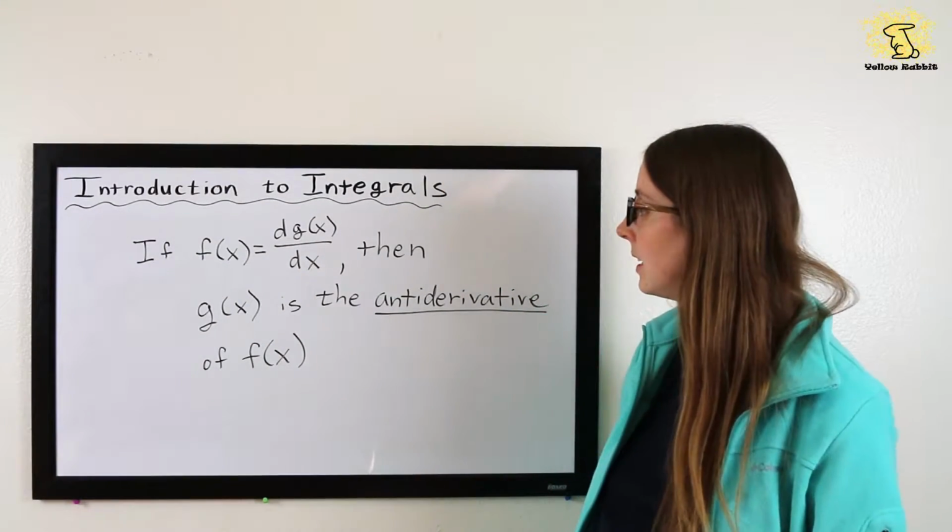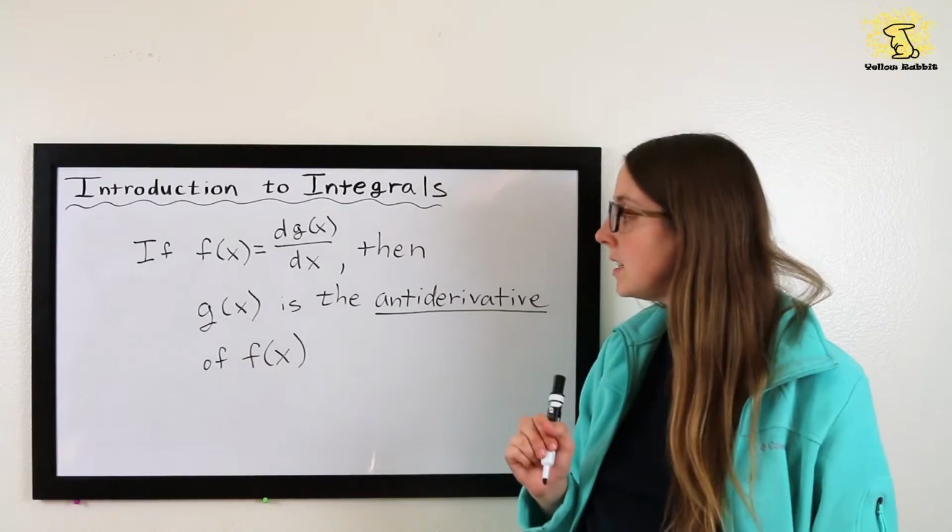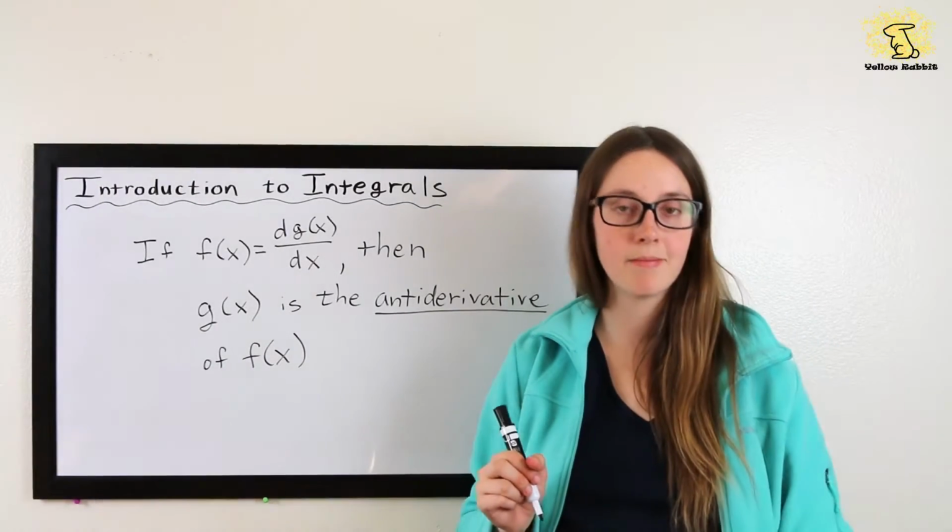So in the way I've written it here, g of x is the antiderivative of f of x.